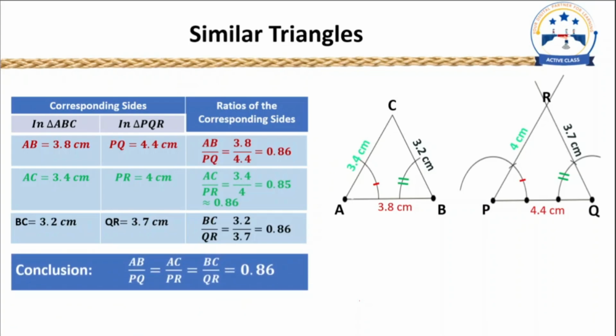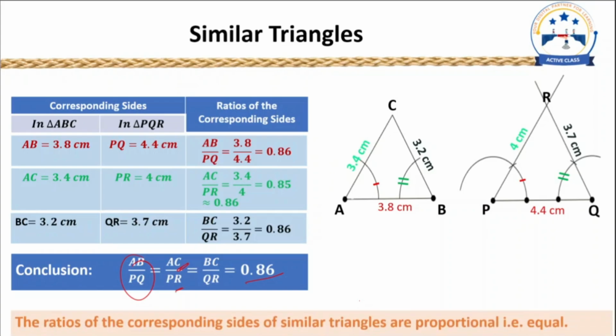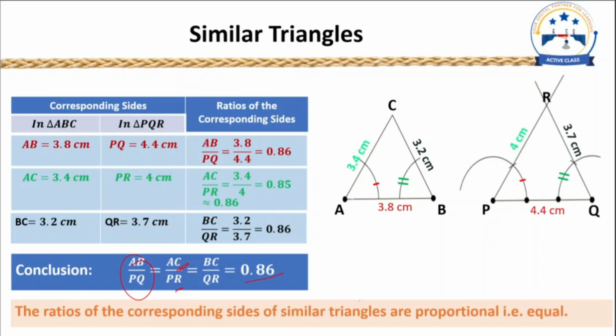Because we have got AB by PQ, AC by PR, BC by QR, they all equal to 0.86 means the ratios are equal. If I have to make a statement, then the ratios of the corresponding sides of similar triangles are proportional, means equal. So we can use this relationship wherever we are given two similar triangles.